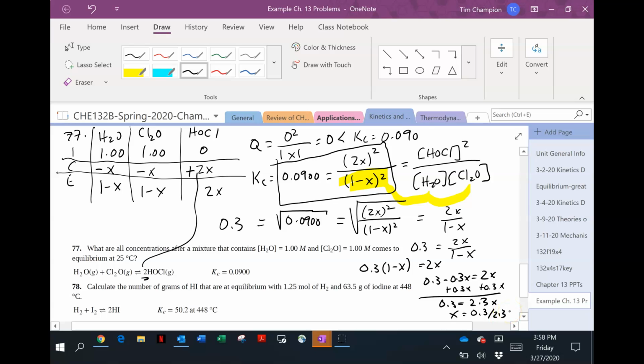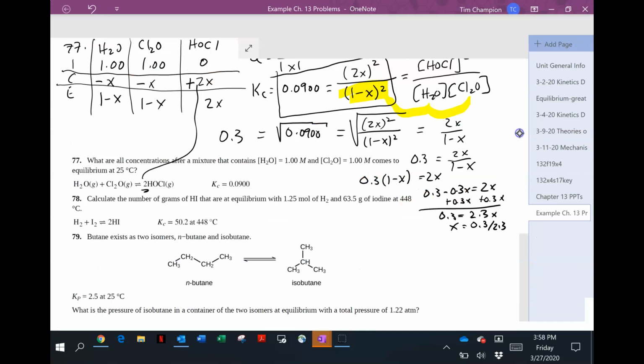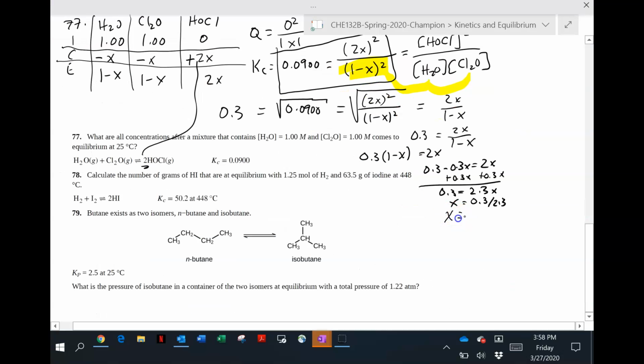And if I calculate that, I get that x is 0.13, and we'll go with that. So if x is 0.13, I can go back up here and say this is 1 minus 0.13, 2 times 0.13.